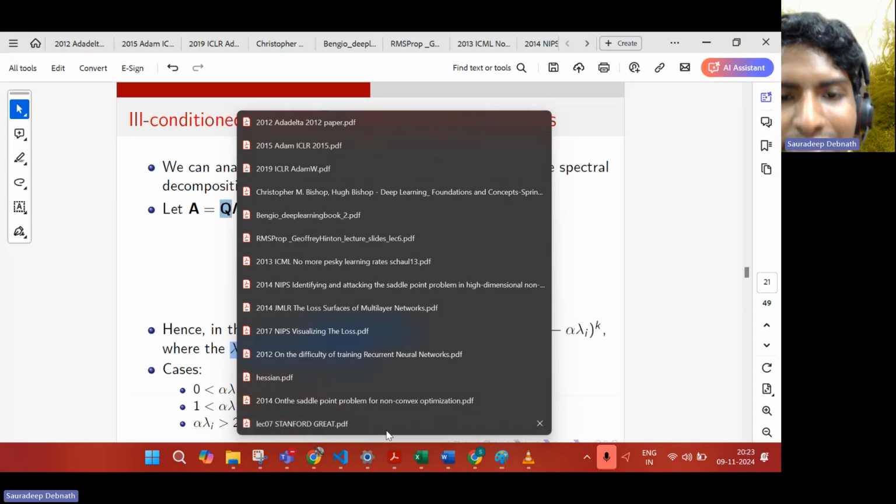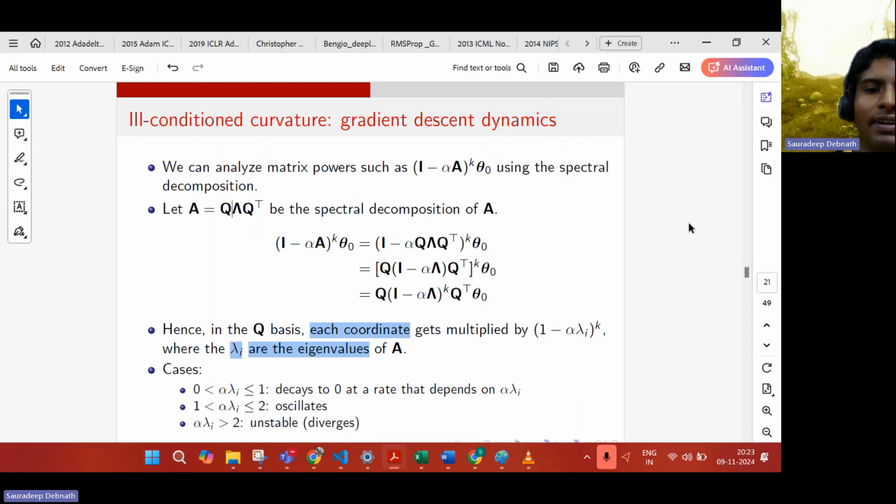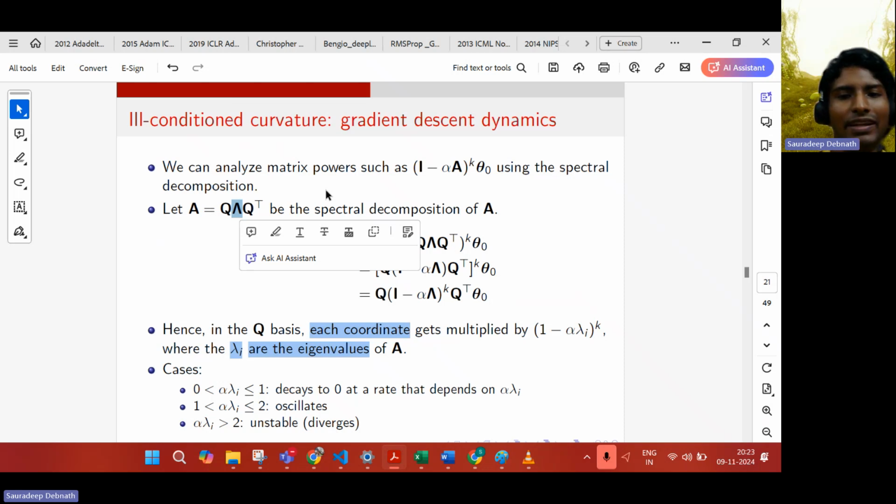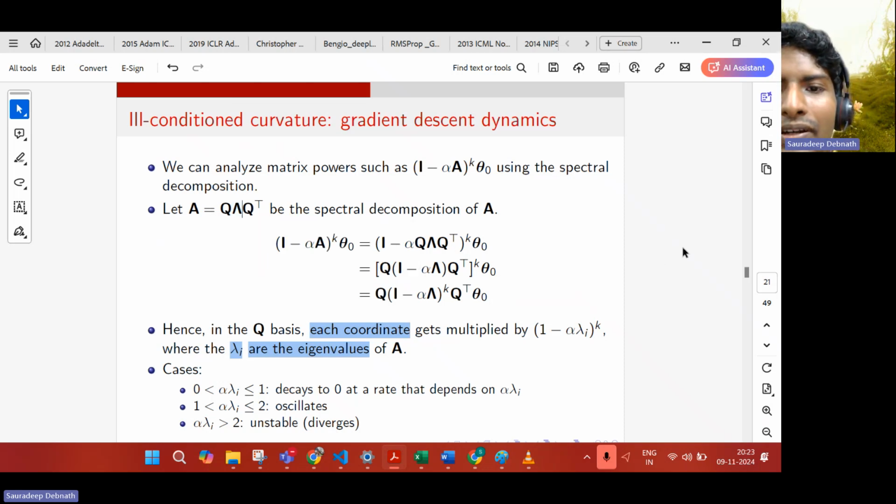Now going back, this Q is the matrix of eigenvectors, and this delta is a diagonal matrix with each element being an eigenvalue. Now, we had just expressed theta k in terms of theta naught using the gradient descent formula.